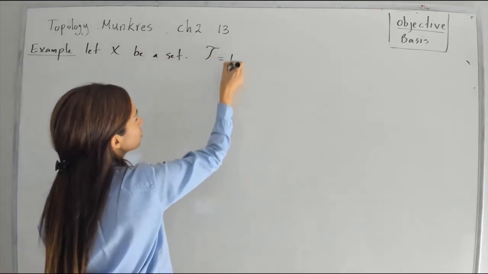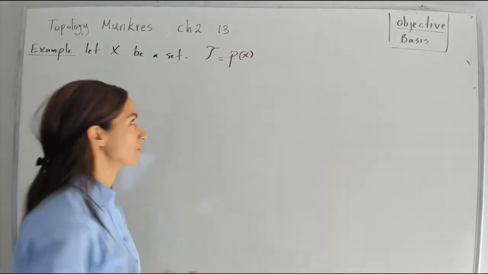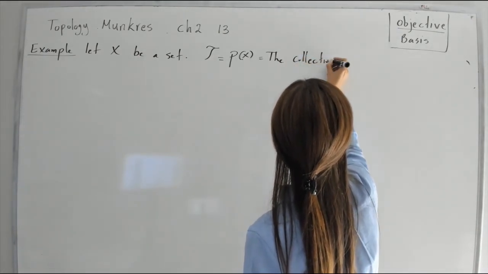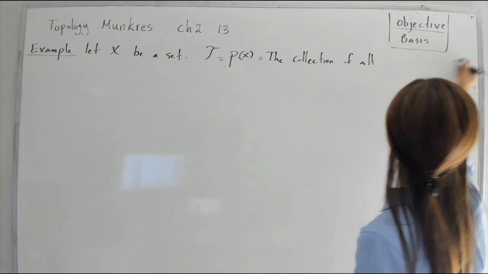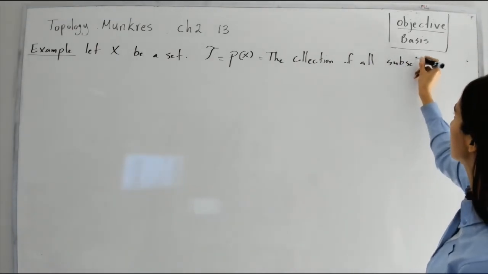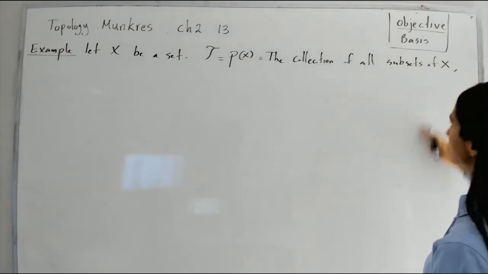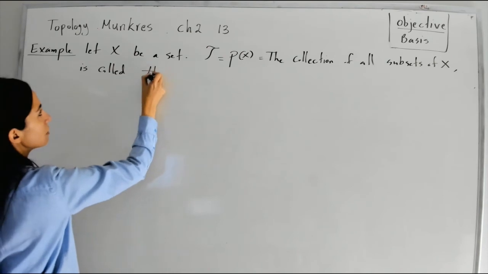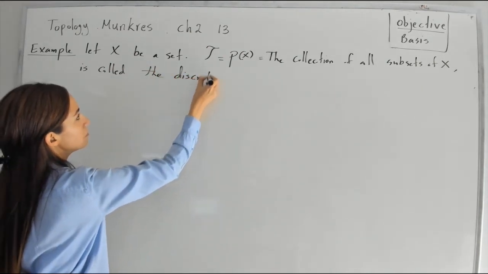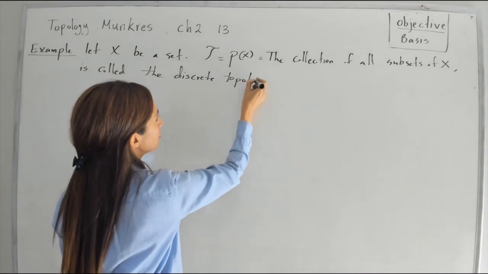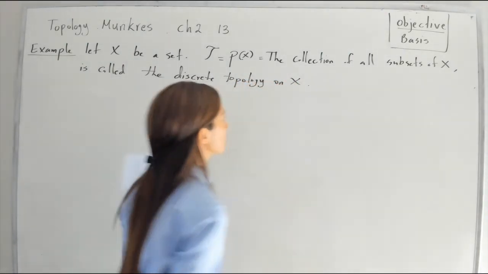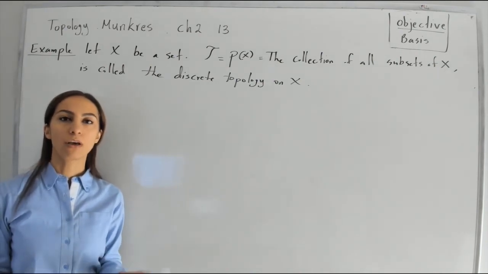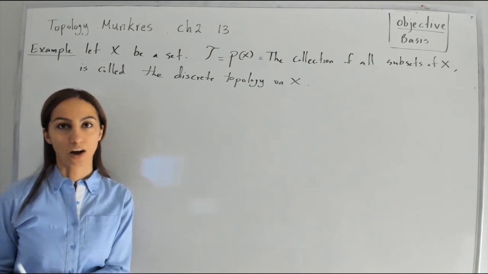Tau equals P of X, the power set of X, which is the collection of all subsets of X, is called the discrete topology on X. The basis for the discrete topology is the collection of all one-point subsets of X.